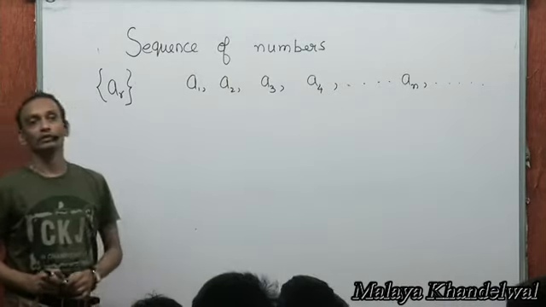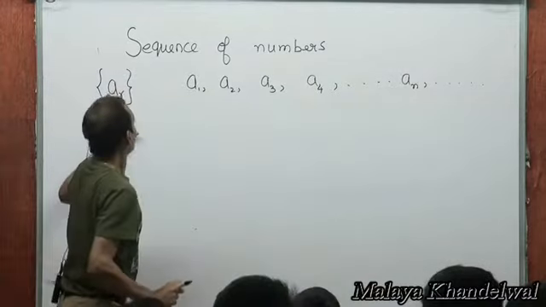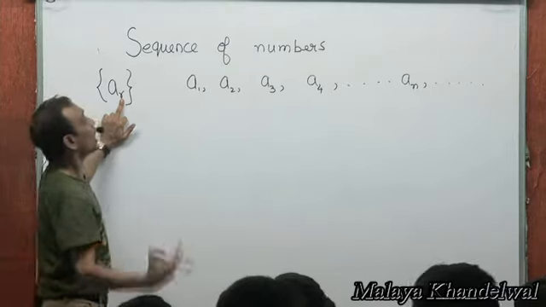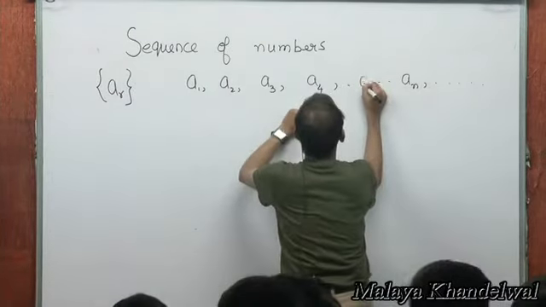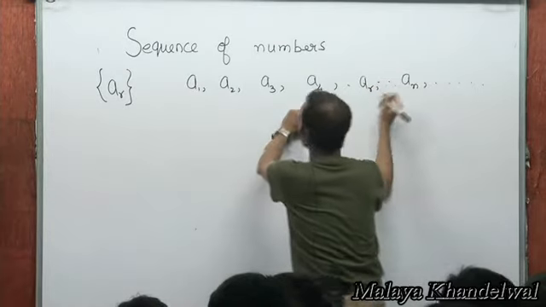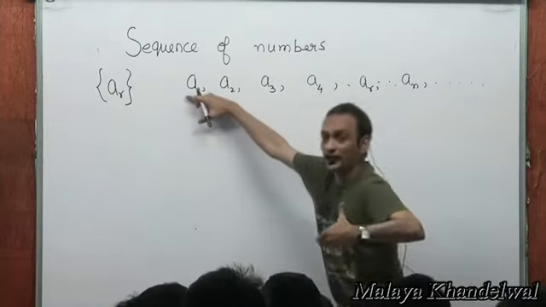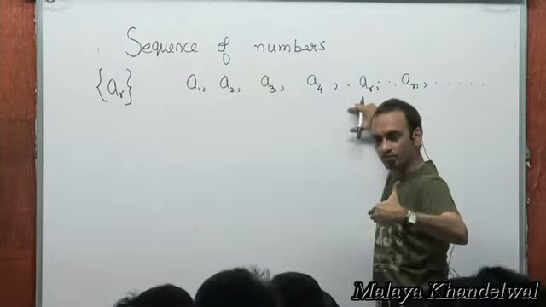Now, R equal to 1 will give me the first term of the sequence, R equal to 2 will give me the second term of the sequence, and we have some term called AR in the sequence, which could be any term. AR is a floating term which represents all members of this sequence, right?